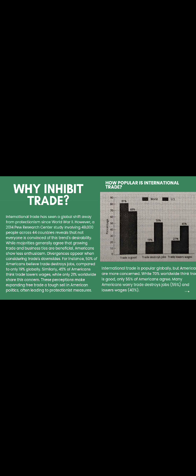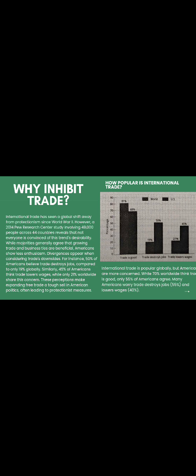Similarly, 45% of Americans think trade lowers wages, while only 21% worldwide share this concern. This perception, while expanding free trade, is a thorn in American politics, often leading to protectionist measures. How popular is international trade?